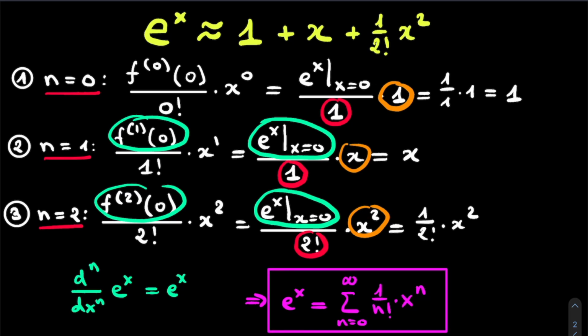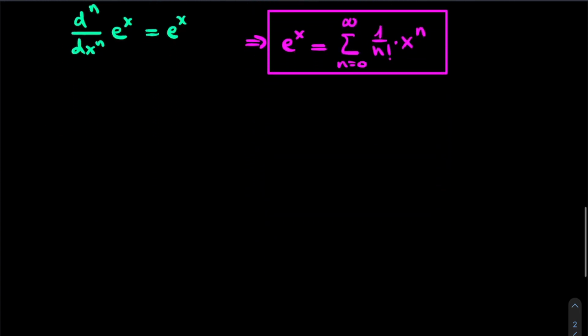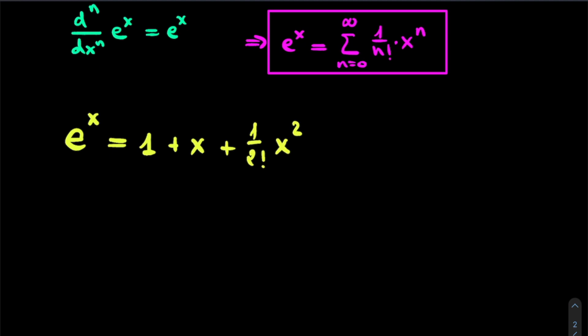And it indeed checks out because we have explicitly calculated the first three terms. We have 1 plus x plus 1 over 2 factorial times x to the power of 2. However, we can now complete this series by simply writing down more terms. So we have that e to the power of x can be approximated or written as 1 plus x plus 1 over 2 factorial times x to the power of 2.